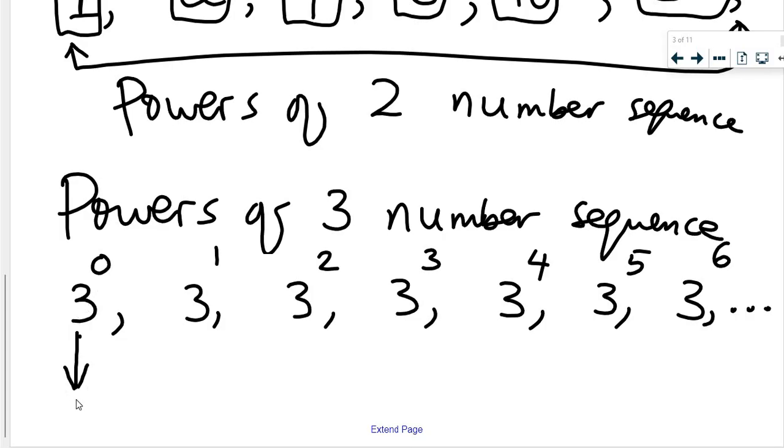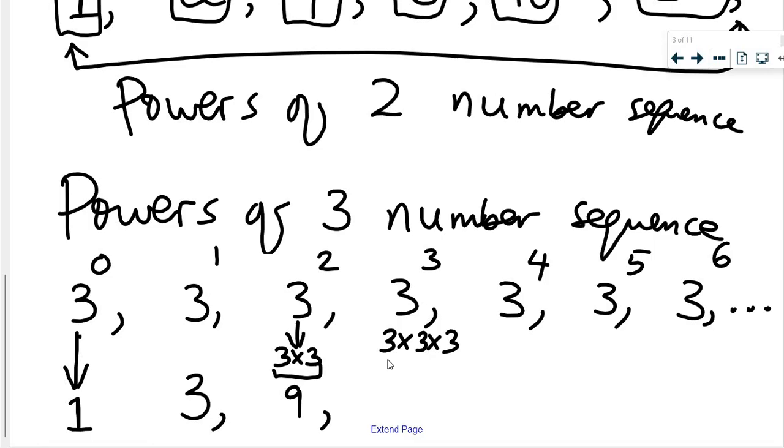Any number power 0 is 1. Any number to the power of 1 is the number itself. Now 3 power 2, this you need to evaluate: 3 into 3, that is what it means by 3 power 2. That is 9. 3 to the power of 3 means 3 into 3 into 3.